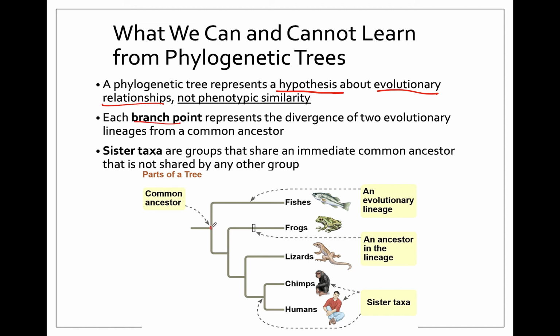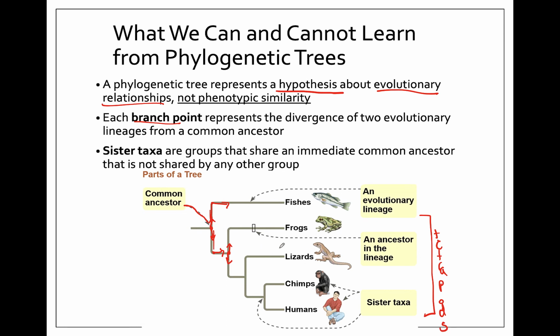All of these spots here, where we see it kind of go off in two directions, those are the branch points. And they represent a common ancestor shared between the group going this way, so in this case the fishes, and the group going this way, which would be the tetrapods, because these are all four-legged individuals.